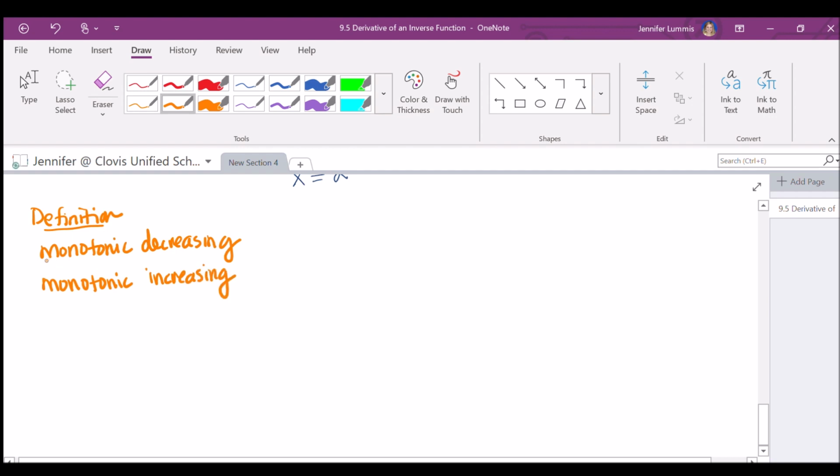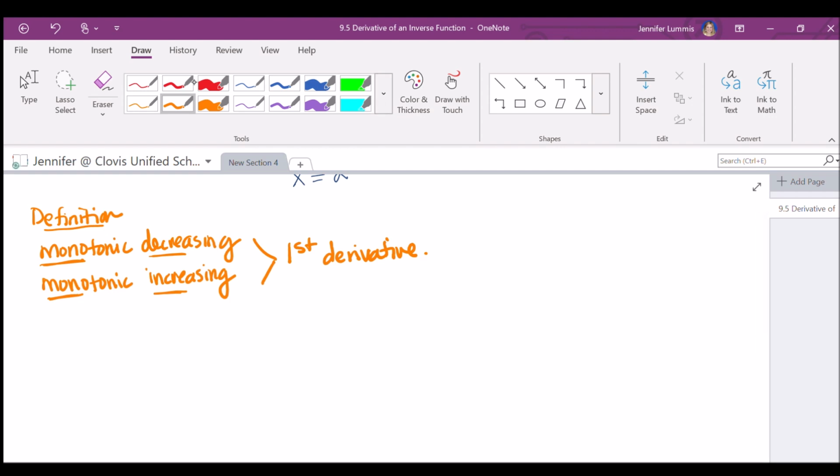This just means that it is always decreasing or always increasing. And this will come in most often with your first derivative test, since that is what tells us when functions are increasing or decreasing, or when they change from increasing to decreasing.